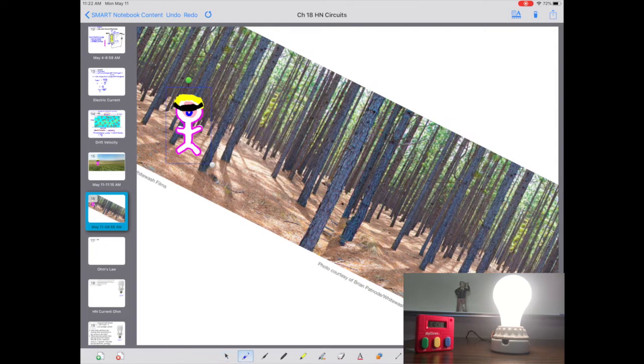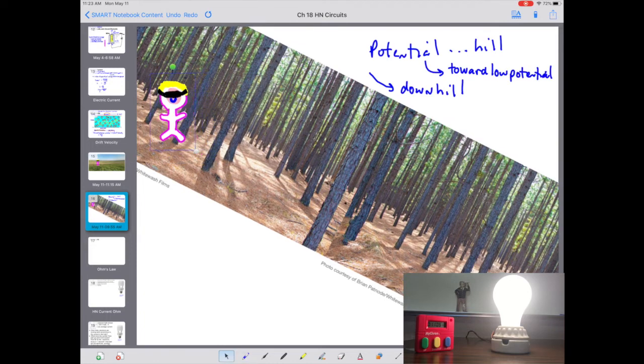Now, there is an electric potential, and the analogy to that is just like the hill. So now when the electrons move, it isn't quite arbitrary anymore, but those electrons are given a direction down the hill. The electric potential gives the electrons a direction. They go toward low potential. So here's our person, and they start to go downhill.